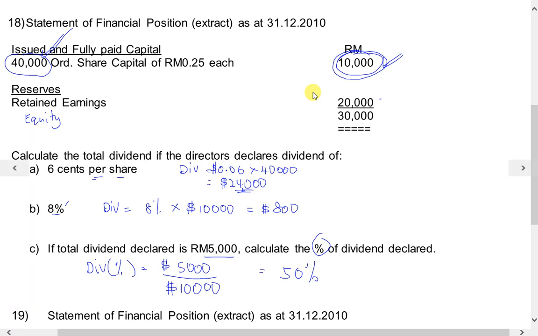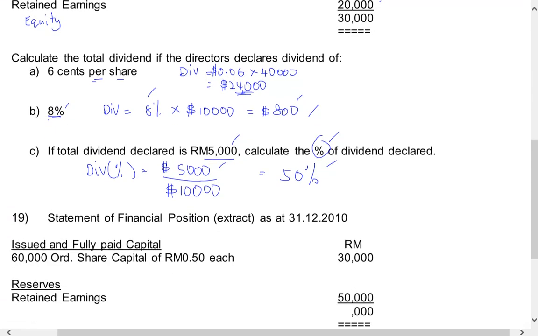It's the same as this: when we declare 8%, they get 800; when we declare 50%, they get 5,000. So B and C are opposites. B is given the percentage, find the value. C is given the value 5,000, asked to find the percentage.